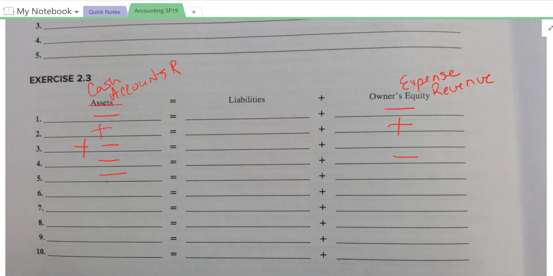We're going to be decreasing our cash, and we're going to be decreasing our liability because we have paid $8,000 to Home Depot.